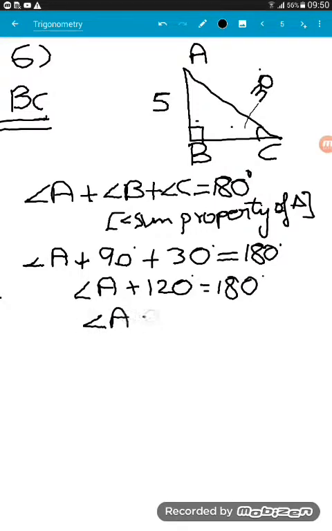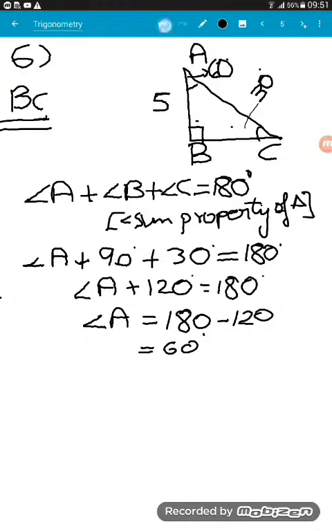Angle A equal to 180 minus 120, that is 60 degree. Therefore we got this angle as 60 degree.